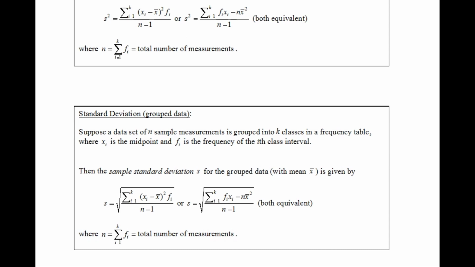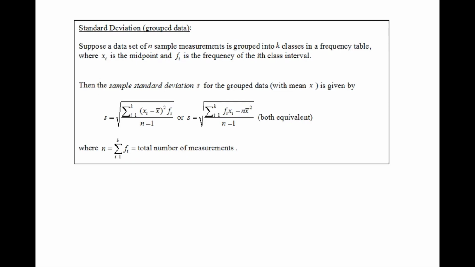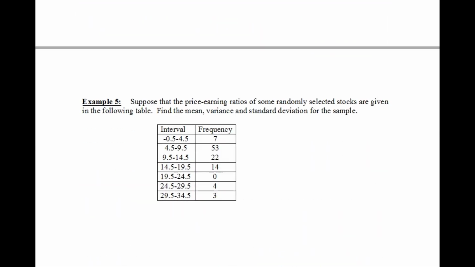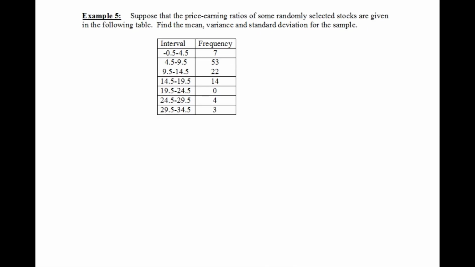I've also given you an equivalent formula here, which you can also use. I'm not going to do it that way because I think it's a little less intuitive and doesn't look quite so much like the ungrouped data formula, which we already know. So we're going to go with this. Let's do this example.